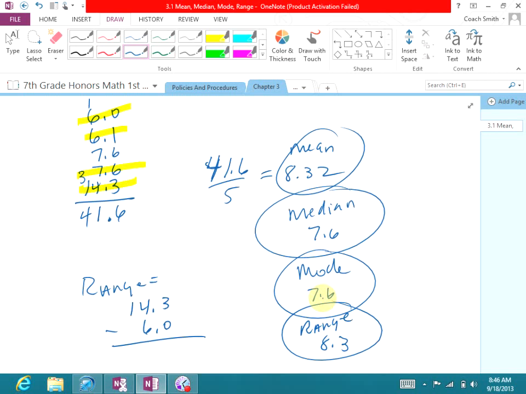All right, I want you to do this one. Look in your books and look at right above number 18. I want you to write down that set of data, and I want you to find the mean, the median, the mode, and the range.